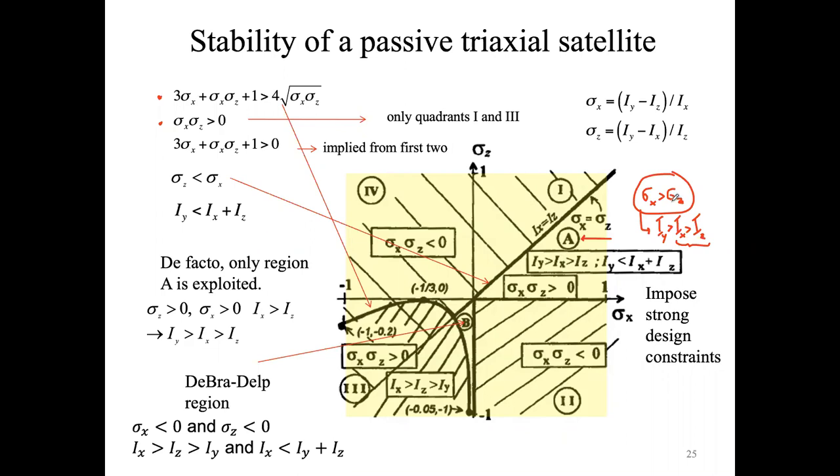Okay? So the other property, however, is not the only property that we have, but we have also demonstrated that since sigma zeta by definition is less than 1, this gives you that Iy is less than the sum of Ix plus Iz.